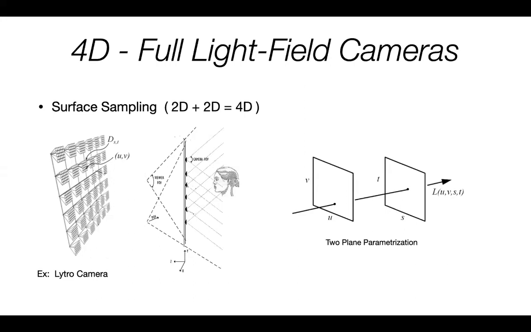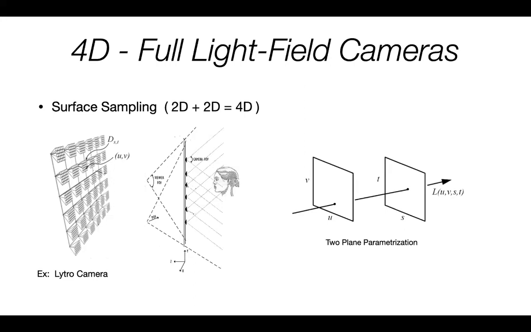And there's a nice way to represent the 4D light field, which is the two-plane parameterization, because we take a subset of the parameters, U and V, as the position of the cameras in this array. And then for the rays in each image, we can take S and T, and then there are other parameters. So notice that it is a 4D function, right?